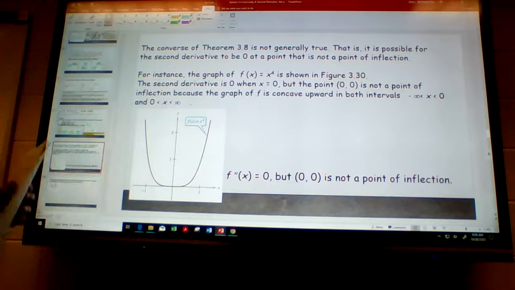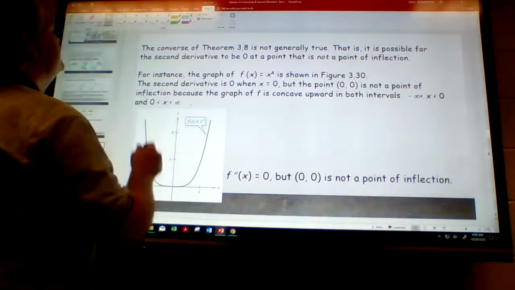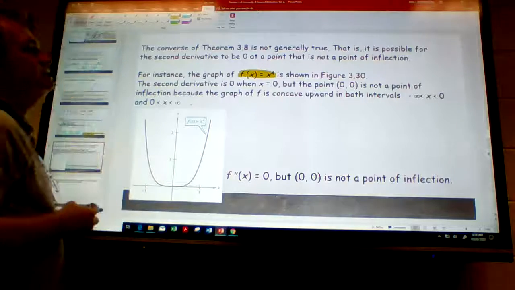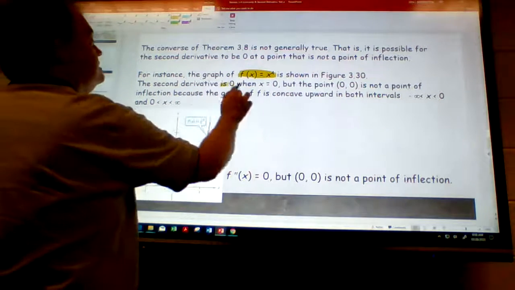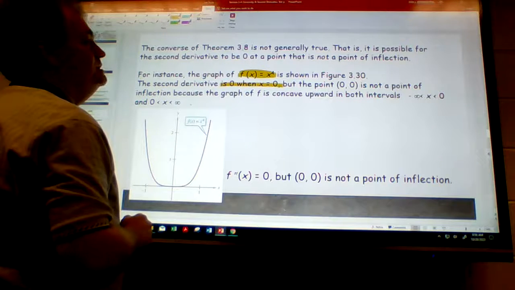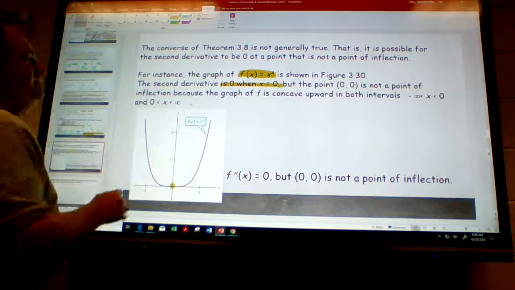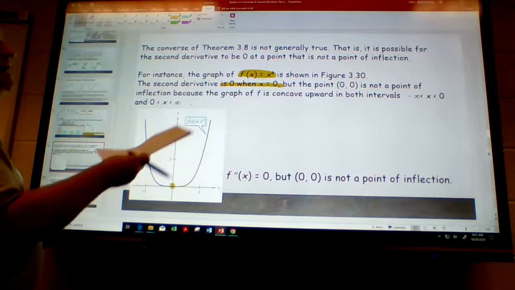The converse of the theorem is not always true. There's a possibility for the second derivative to be 0 at a point that is not a point of inflection. So in this particular example, when f of x equals x to the fourth, as shown in the figure, the second derivative is 0 at x equals 0, but the point (0, 0) is not a point of inflection. Even though f double prime does equal 0, it's not a point of inflection because it stays concave upward.